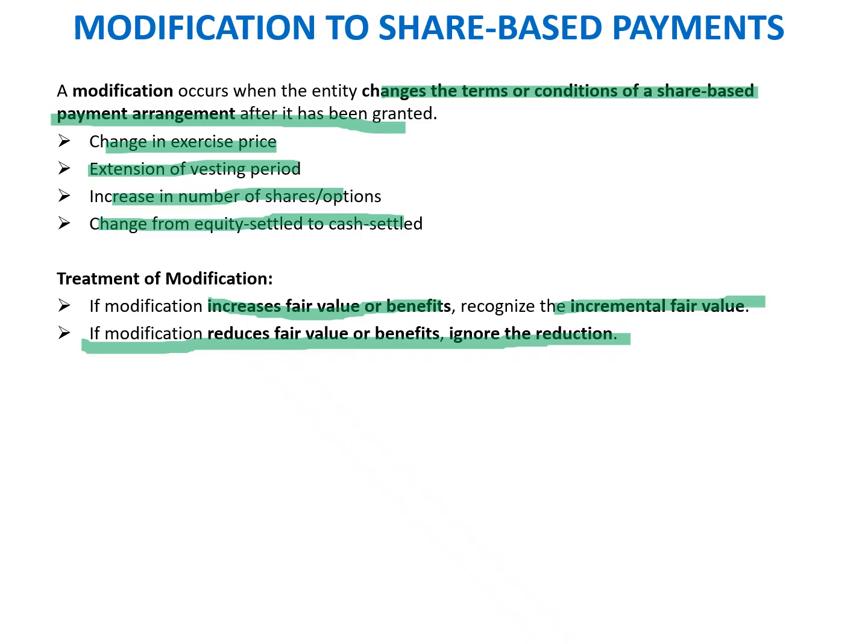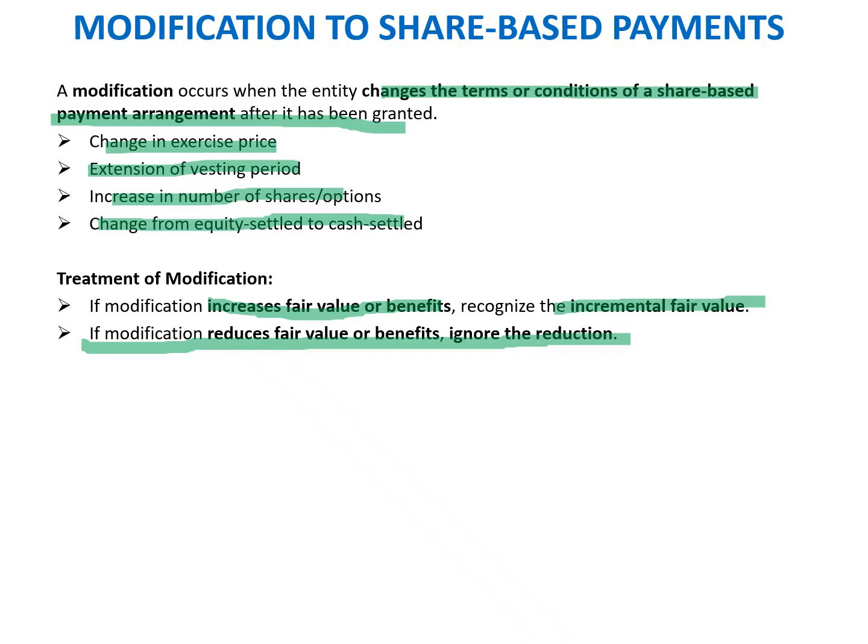But in a modification, we are actually changing the terms, and that requires remeasurement, but remeasurement is allowed on the upward side only, wherein we can remeasure based on the increase in the fair value. Any decrease will not be recognized, because then it would go back to the original grant date at which the value was locked.